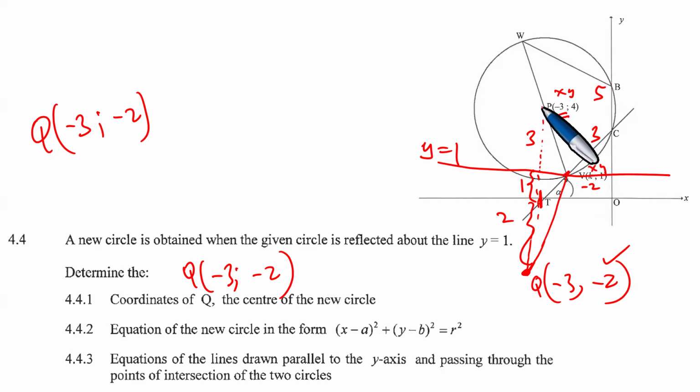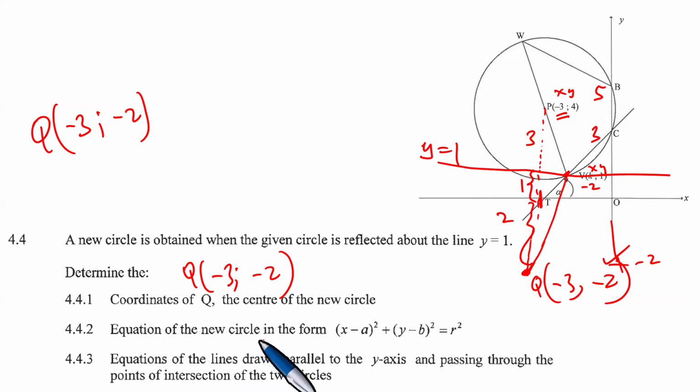The distance between the line and the point is 3 units. So if this is the image, it must be 3 units as well. If this is 3 units, this is already 1 unit from the x-axis to the line. So you must have 2 units down, and 2 units below the x-axis will take you to minus 2 on the y-axis.